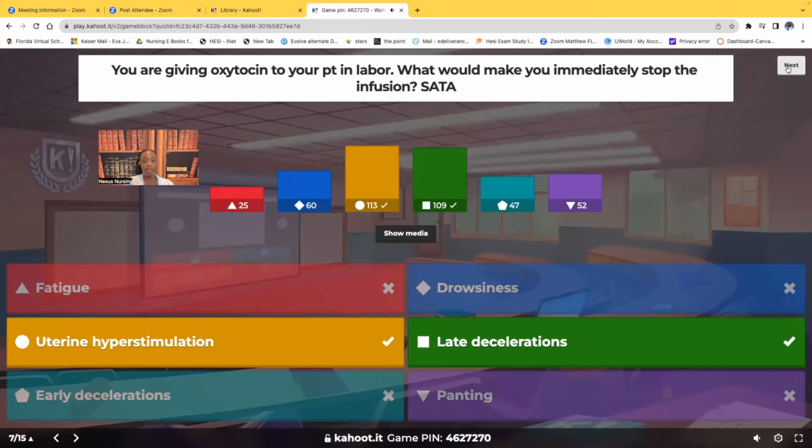Okay, so let's talk about it. The correct answer choices are uterine hyperstimulation and late deceleration. So oxytocin is a medication used very often to induce labor. It causes uterine contractions, right? If this medication works a little bit too well, it may cause uterine hyperstimulation. And here's a tip.